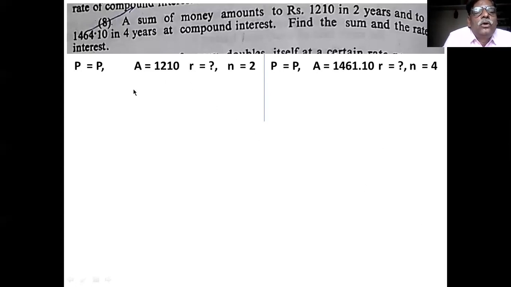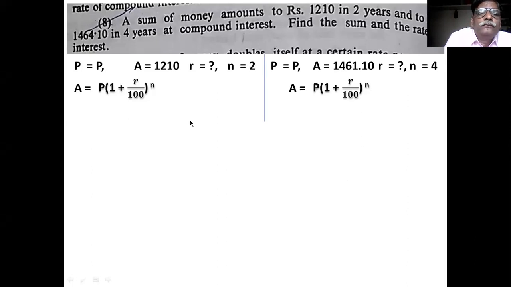Okay. So we know the equation A is equal to P in the bracket 1 plus R by 100 raised to N. This is our equation. In the second side also, A is equal to P in the bracket 1 plus R by 100 raised to N. If you write the values, A is 1,210 is equal to P in the bracket 1 plus R by 100 raised to 2.